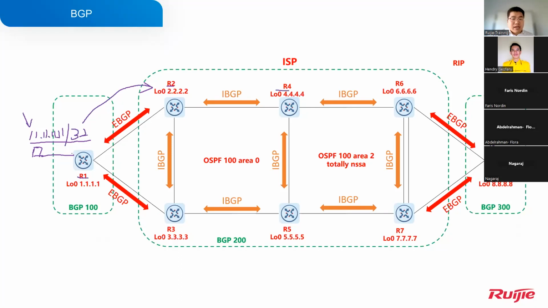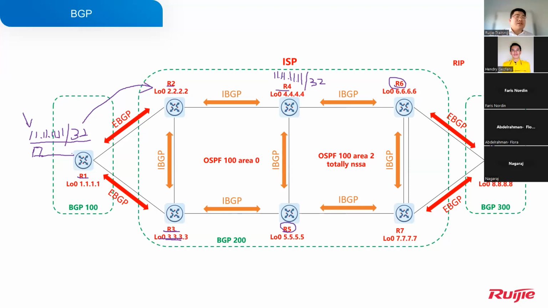So R4 and R3 can learn the route 11.11.11.11/32. But R6 and R5 cannot learn the route 11.